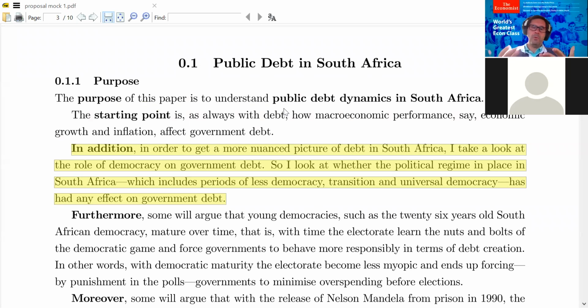Why is this interesting, folks? Right? I'm going to motivate the subject later on, but why is this interesting? Well, because with democracy, there is something called the median voter theorem, which says that political parties in power will always try to satisfy the median voter, right?